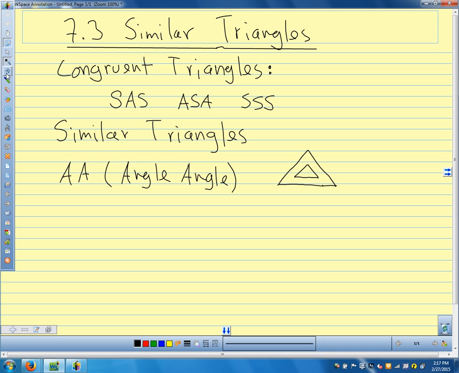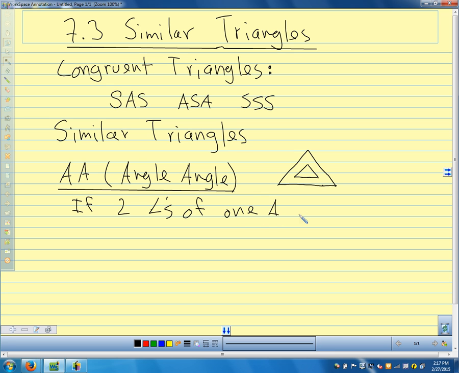So in words, what we're going to say for angle similarity is, if 2 angles of one triangle are congruent to 2 angles of another, the triangles are similar.